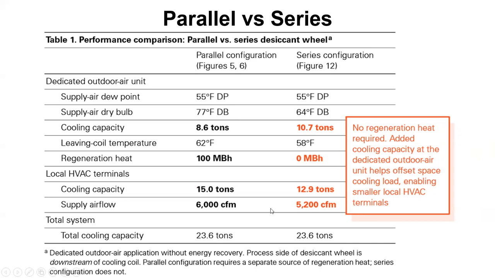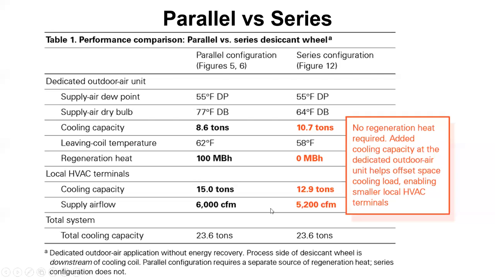Regeneration heat, that's a big one, right? 100,000 BTUs an hour on the parallel and 0 on the series. That's pretty nice. Then the local system cooling capacity on the parallel had to be 15 tons. On the series, because we've got additional air conditioning value in our ventilation air, it only has to be 12.9 tons.